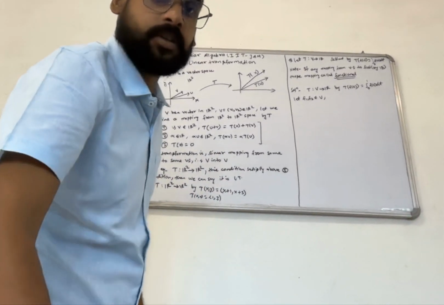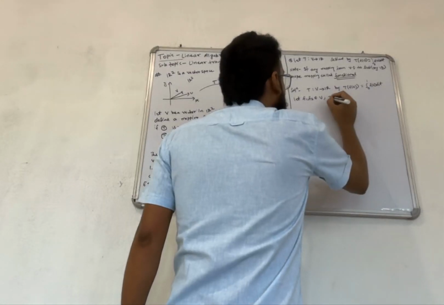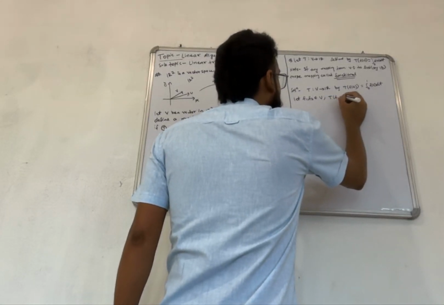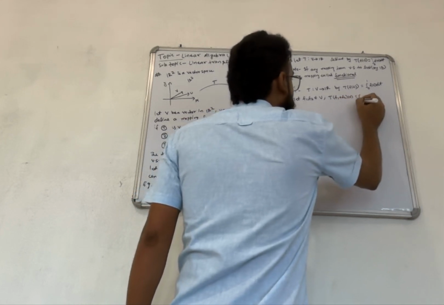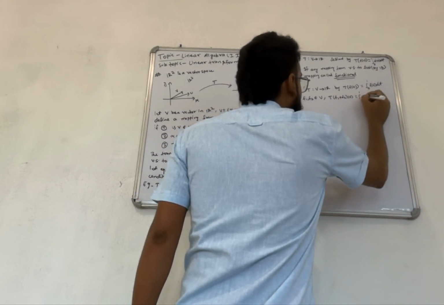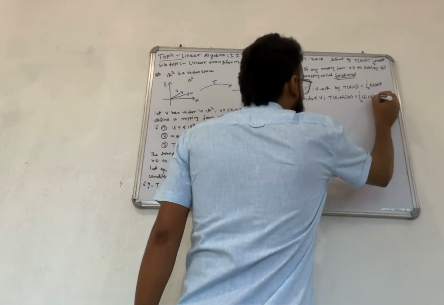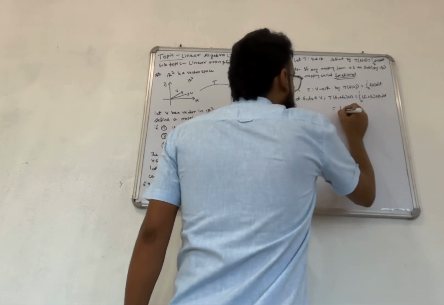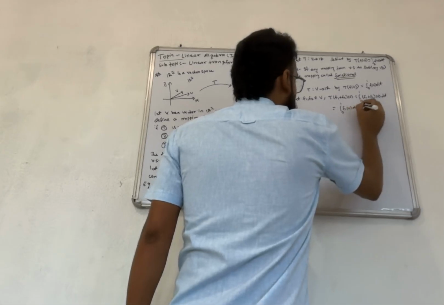So T of (f1 plus f2) is equal to the integral from 0 to 1 of (f1 plus f2)(t) dt, which we can split into the integral of f1(t) dt plus the integral of f2(t) dt.